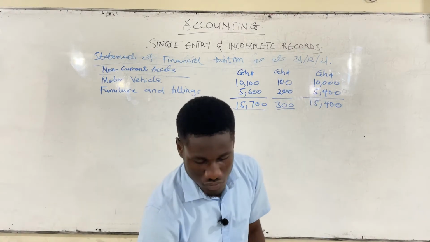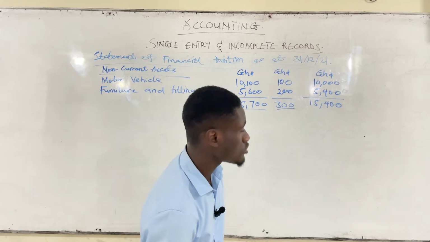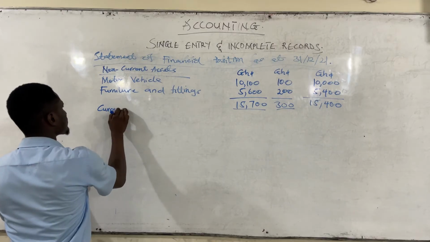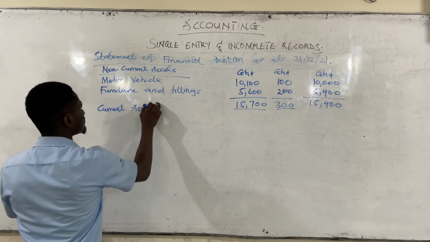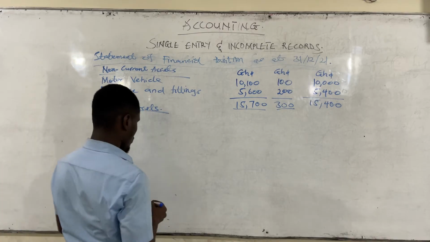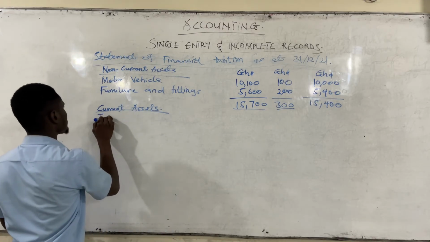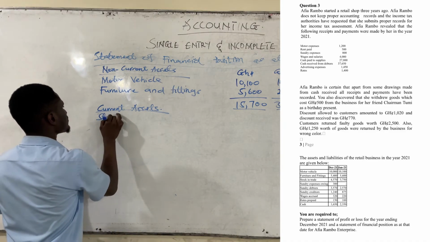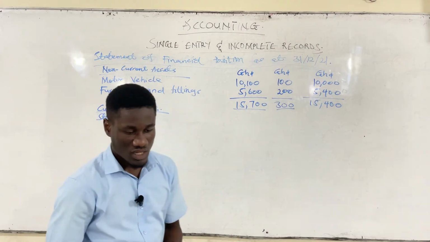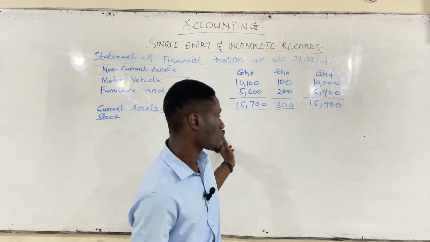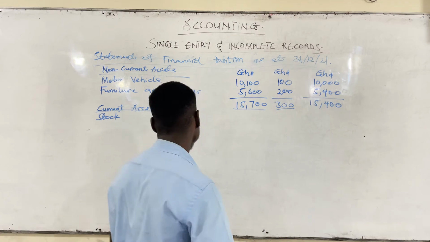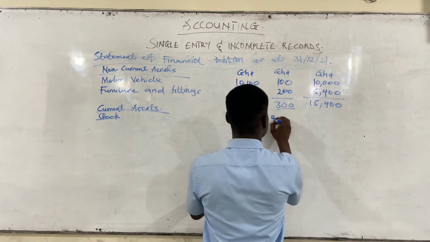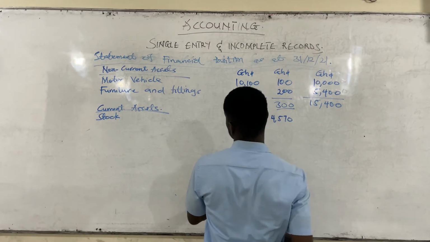Good. So we are going to proceed on to the current assets, which you know inventory is starting. Stock, it was named stock. The stock is starting. Then we know for our stock it is the closing stock that is going to be recorded, and the closing stock was 4,570.